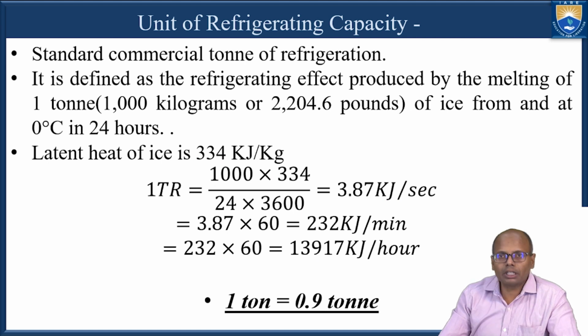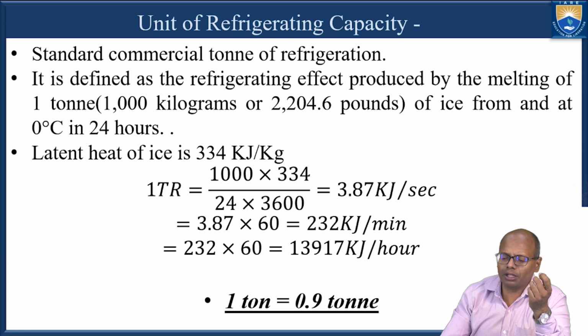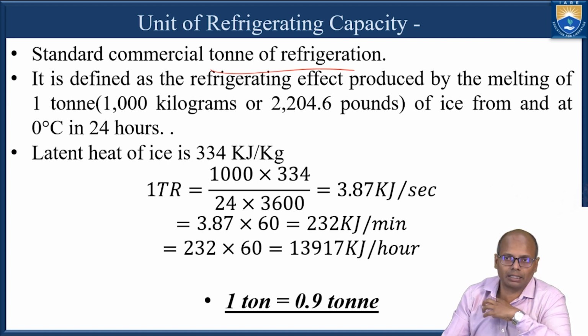Now what about the tonne of refrigeration? The commercial people in India use the tonne of refrigeration. So what is that? 1 tonne is 1000 kilos of water or ice. We are taking 1000 kilos of ice, and in 24 hours the 1000 kilos of ice is getting melted from 0 degrees ice to 0 degrees water.